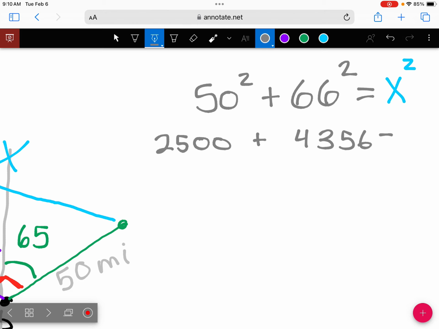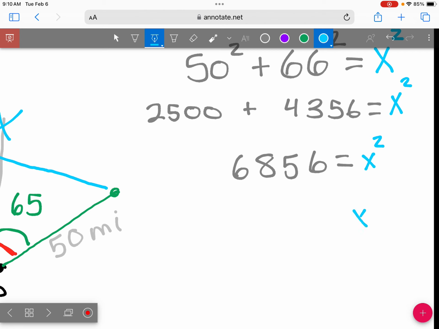4356 equals x squared. So we add those together. 6,856 is x squared. So what's x? Square root of that. More specific. Not 17.